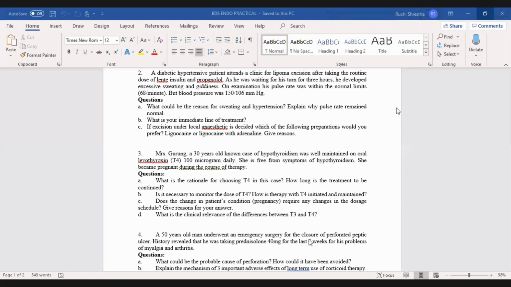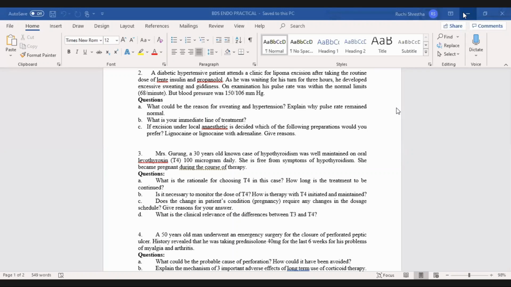Thus, T4 is used here. How long is the treatment to be continued? The treatment should be continued by monitoring the level of TSH. If the TSH level is very low, that is caused by the negative feedback mechanism. So by monitoring the level of TSH, the treatment can be continued.